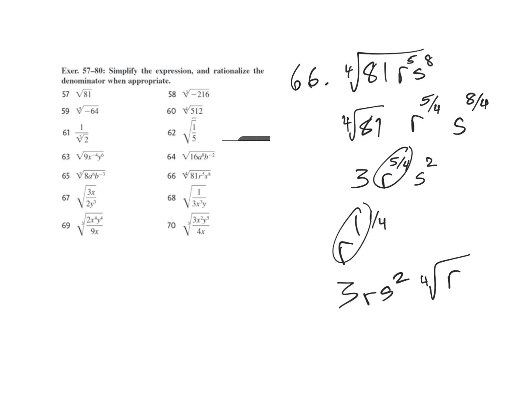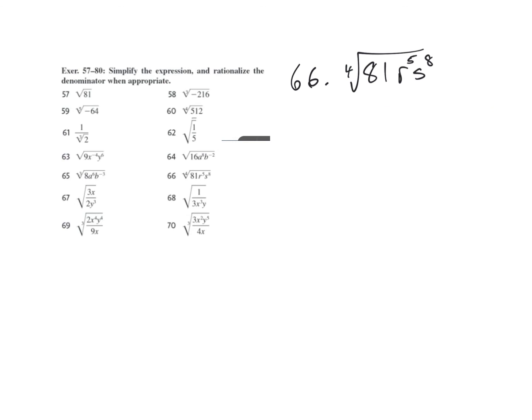Alright, let's move on to number 67. 67 is the square root of 3x over 2y cubed. So with all multiplication and division, there's no plus or minus signs in here, we can break these apart.